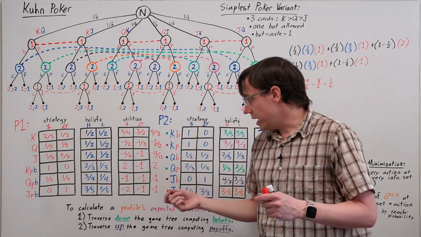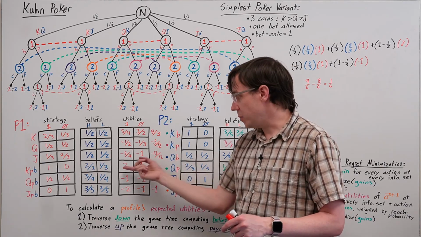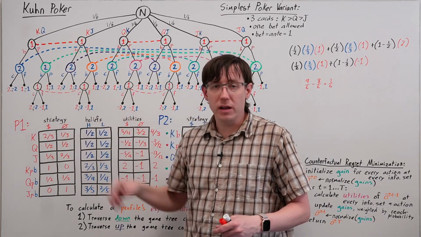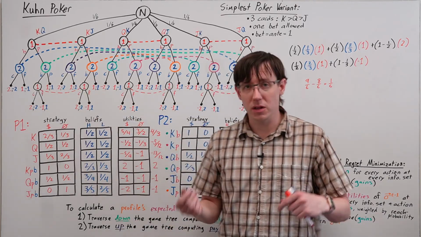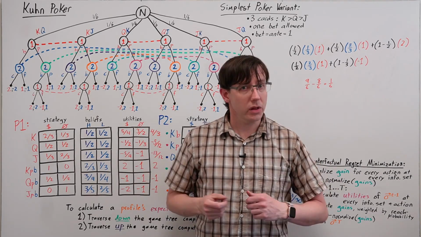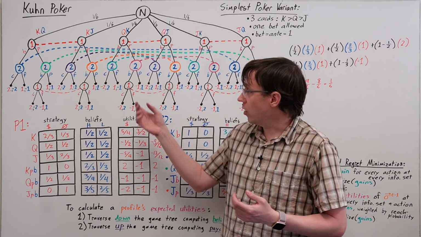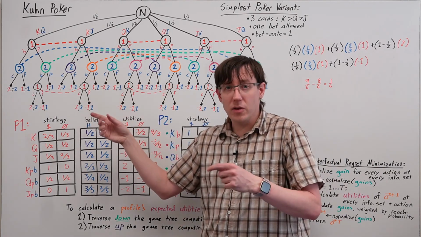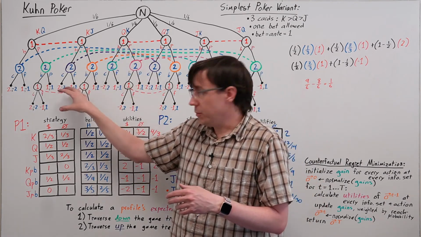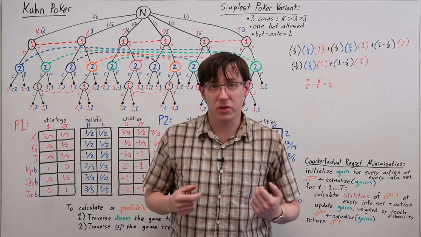And so we would take the gains that we calculate for this information set, which in this case happen to be both 0, but if they were non-zero, we would multiply them by 1/9 before adding them to the cumulative gain for each of these actions. Doing this probability weighting accomplishes a couple of things. First, it helps us to perform larger updates at the more important parts of the game tree, because the probabilities we're multiplying by will be larger for the information sets that are more likely to be visited.